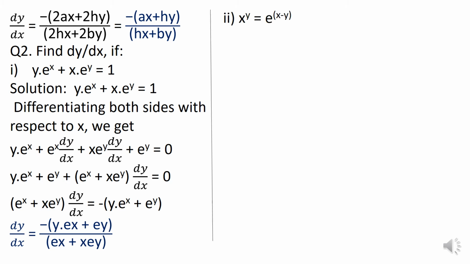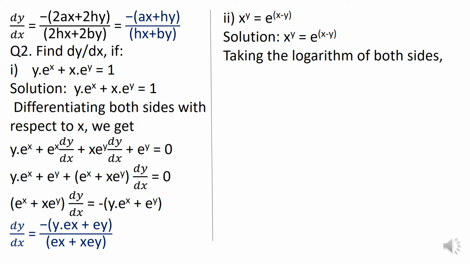In the next question, the question is x raised to y is equal to e raised to x minus y. Without me telling you, you have realized what to do over here, isn't it? We cannot solve further without using logarithms. So, we take logarithm of both sides. Thus, we get log x raised to y, which becomes y log x, is equal to (x minus y) log e.